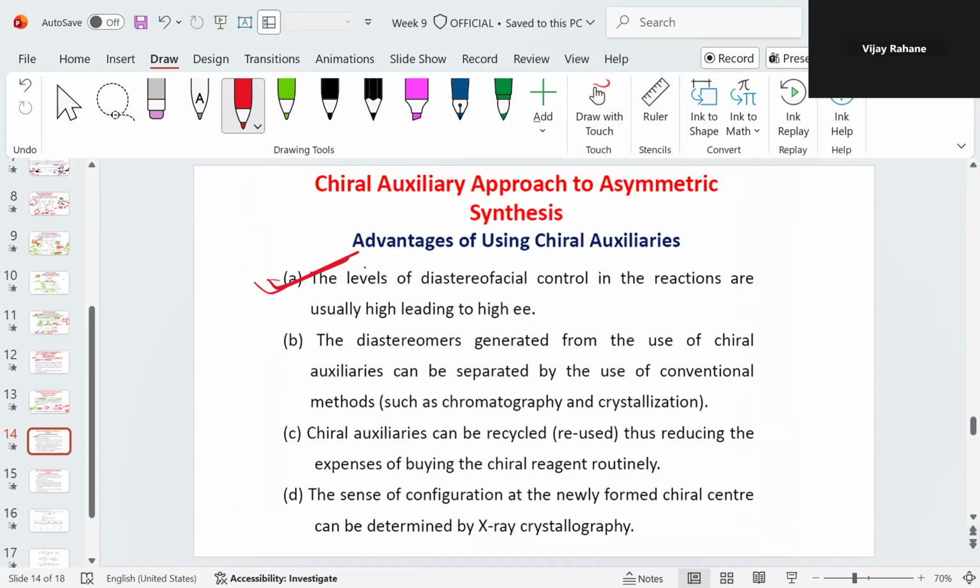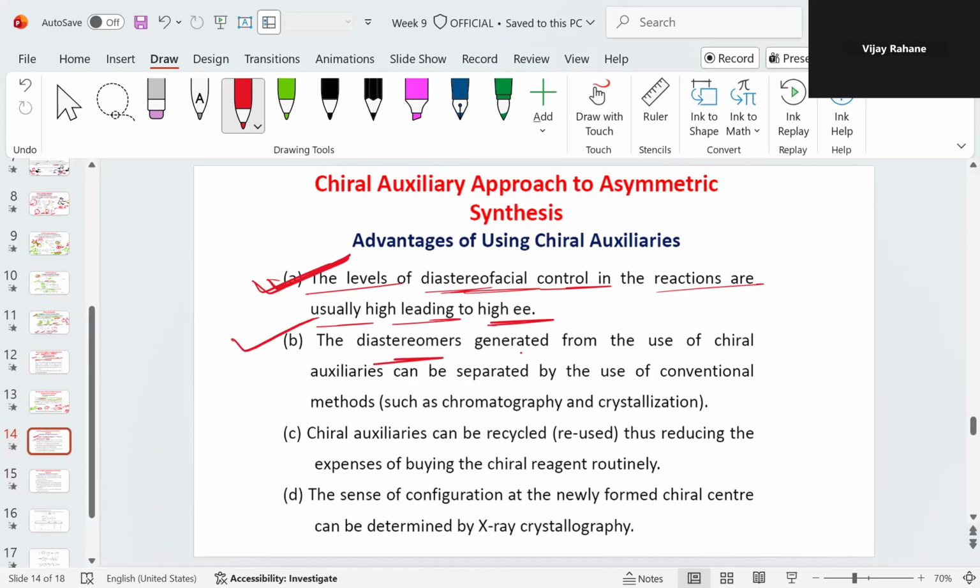The first advantage is that the level of facial control in the reaction is usually high, leading to high enantiomeric excess. As mentioned, if you select a good chiral auxiliary, then we can get high enantiomeric excess, or very high stereoselectivity in the product formation.